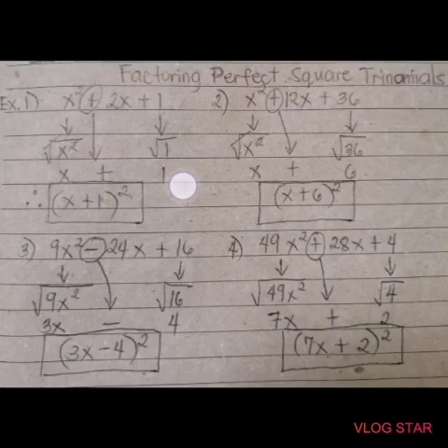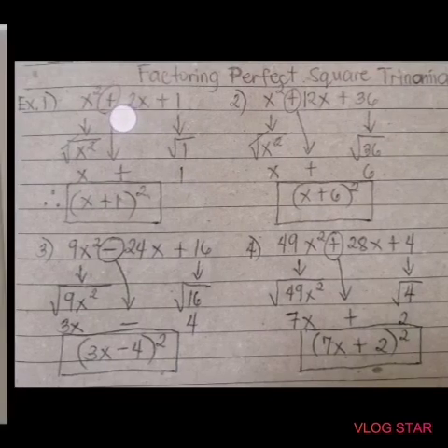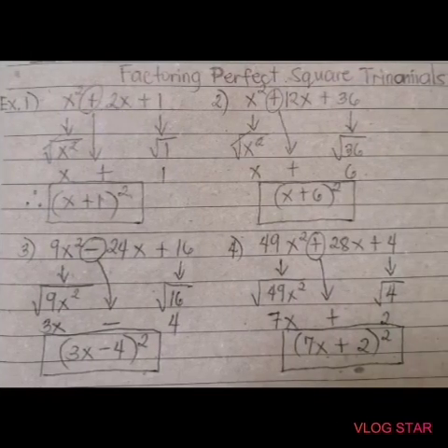You always have to multiply it by 2, or you double it, for you to get the middle term. So x times 1 is x, times 2 is 2x. So we have here the middle term, which is 2x, positive 2x. Therefore, our factors are correct.